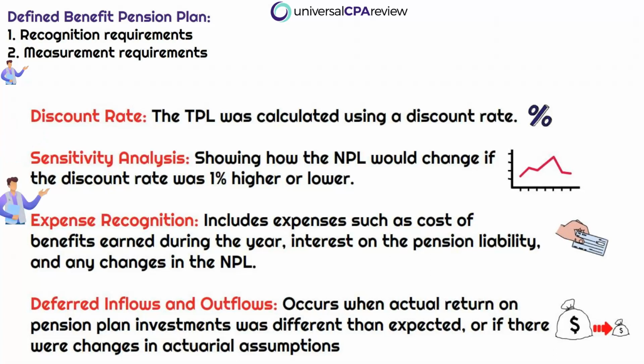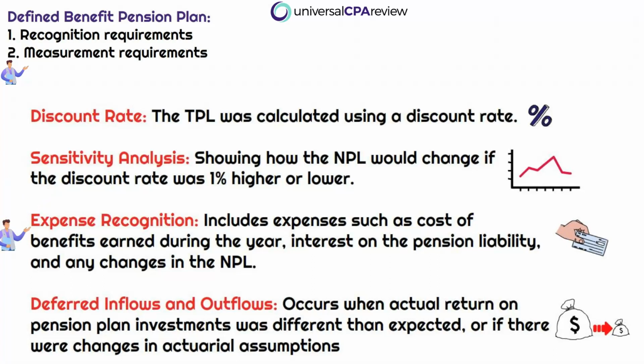Franklinville's financial report would also include a sensitivity analysis showing the net pension liability and how it would change if the discount rate was, say, 1% higher or lower. If the discount rate was 4%, the net pension liability might increase because future payments are now worth more in today's dollar. And if it was, let's say, 6%, then the net pension liability might decrease.